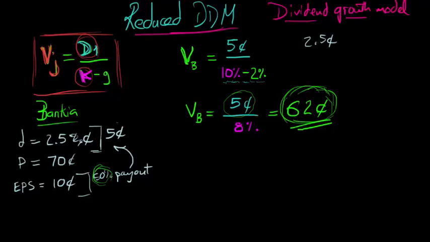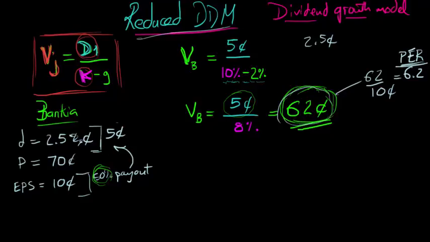So what we can do, because this looks exceptionally low, if we divide that 62 by 10 cents, we've got a 6.2 price earnings ratio. So it's actually very, very cheap. So alright, we've calculated with the dividend discount model, but since it's in contradiction to another model, which is the price earnings ratio, I'm going to adjust my inputs.